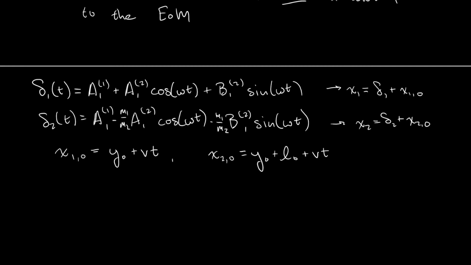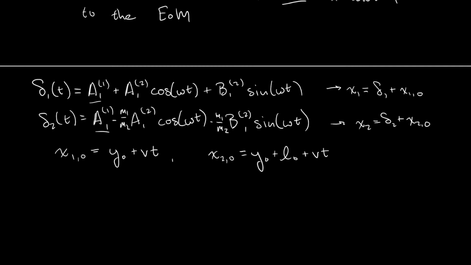Sorry. So, as I was saying, we have these, which are just offsets, and so I'm just going to absorb them into y0. It's just some total distance offset, so I'll just give it a new name.